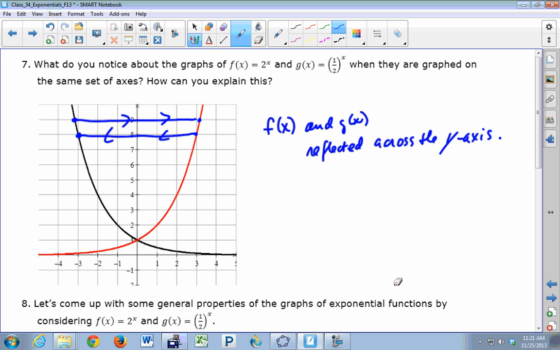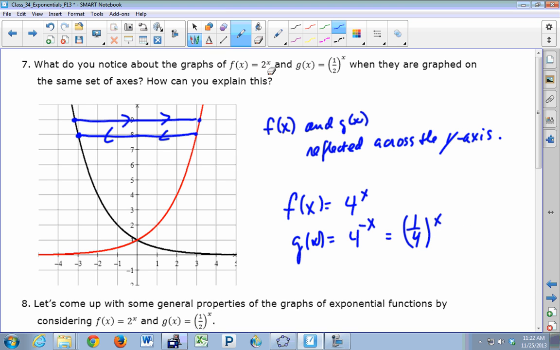So if I took f of x and I said f of x was 4 to the x, and I graph that, I get a nice graph of 4 to the x. Then if I do g of x equals 4 to the negative x, which is 1 over 4 to the x, I now know what this function looks like without having to graph all the points, because I just take 4 to the x and I flip it, I fold it right over the y-axis, and I get 1/4 to the x.